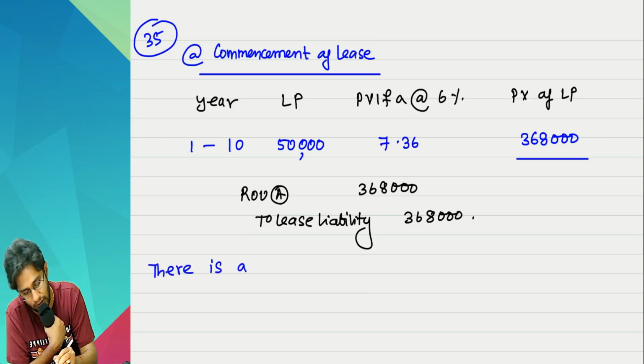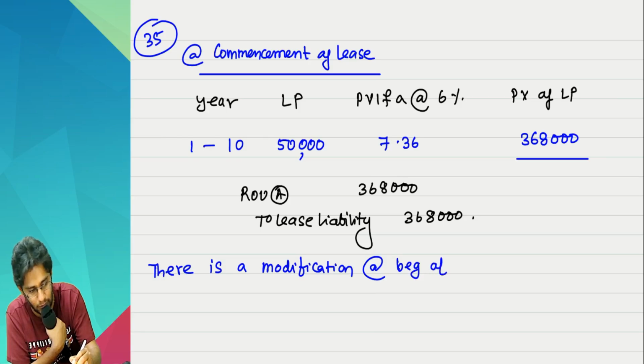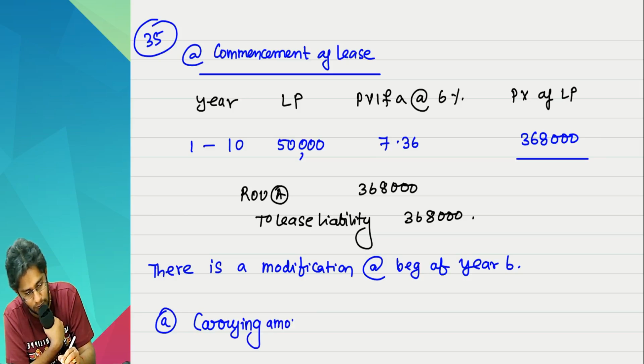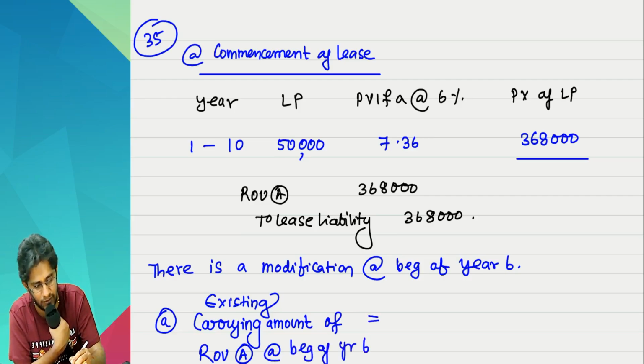There is a modification at the beginning of year 6. So first calculation: the existing carrying amount of the ROU asset at the beginning of year 6 or end of year 5, either way.